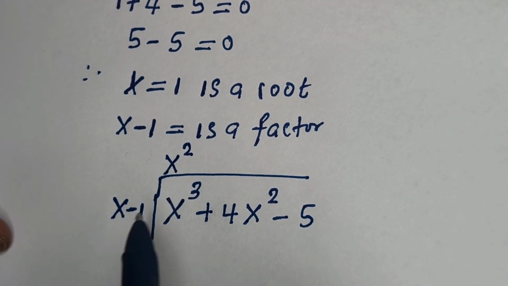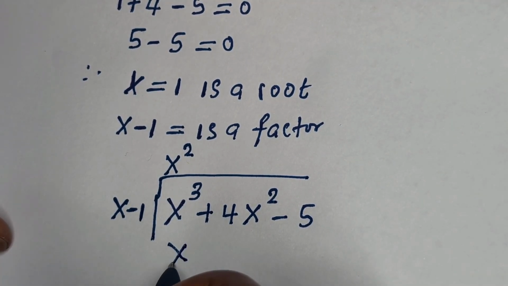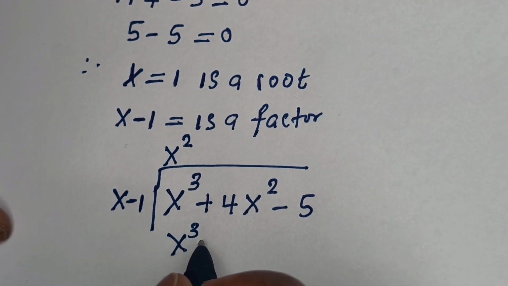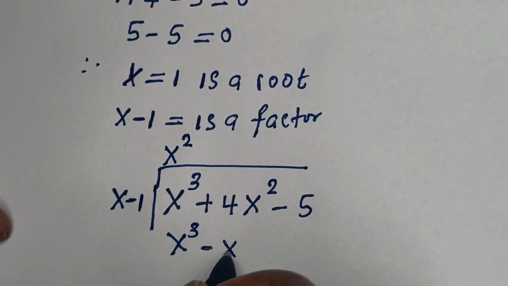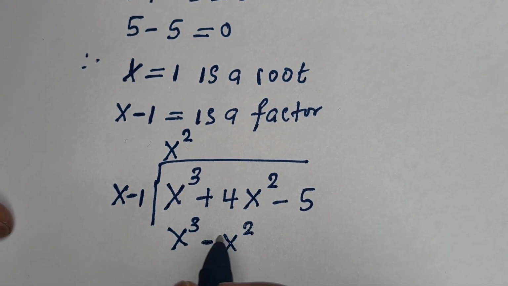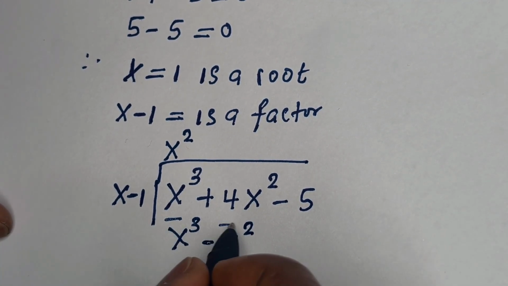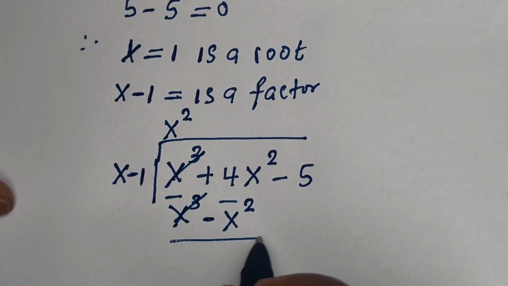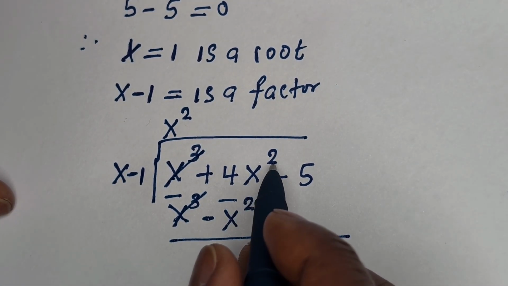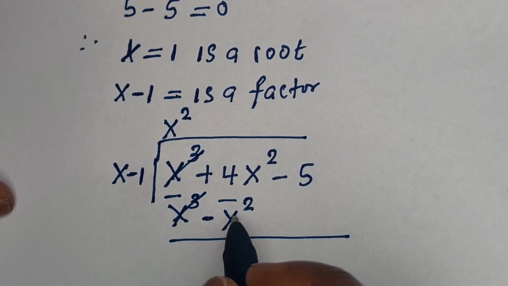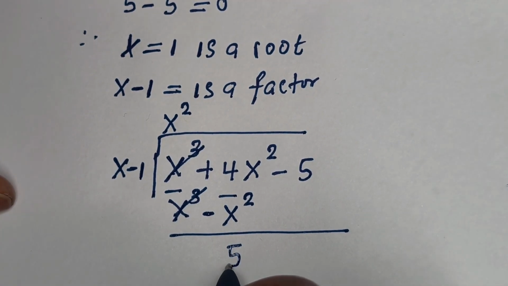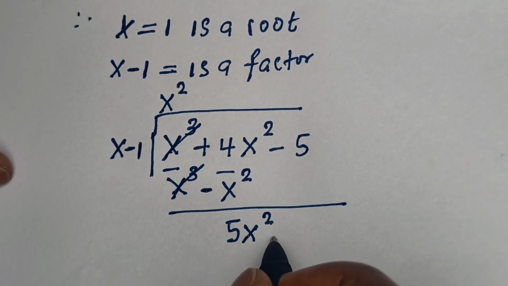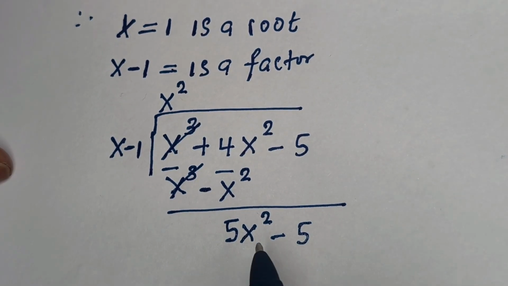Now s squared multiplied by s is s raised to power 3. Then s squared multiplied by minus 1 is minus s squared. If you multiply this by minus 1, this cancels this. Here, 4s squared plus s squared is 5s squared. Now let's bring this minus 5 to this side.